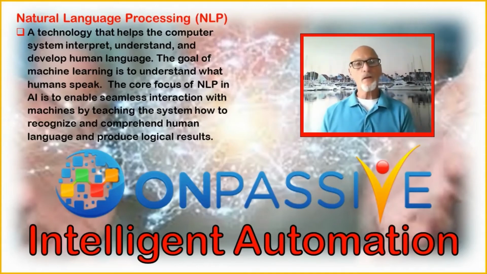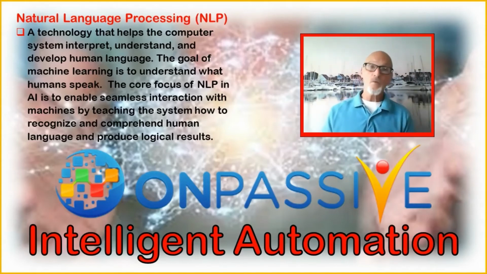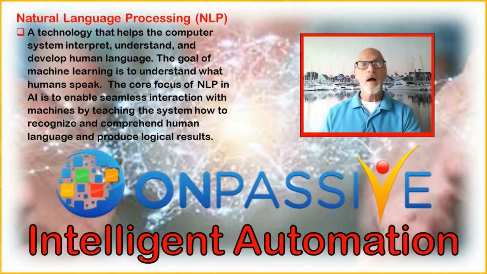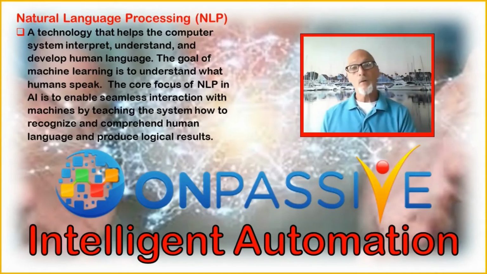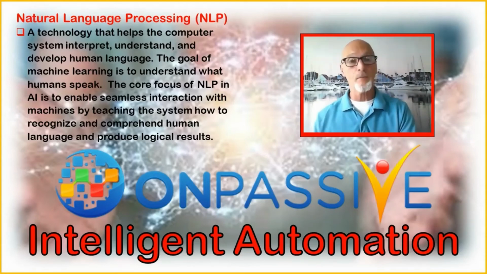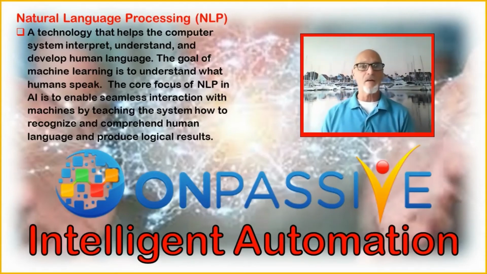And the core focus of NLP is to enable seamless interaction with machines by teaching the systems how to recognize and comprehend human language and to produce logical results. So, a very good example of this would be the Skype translator, which helps to interpret speech from multiple languages in real time. So that's kind of cool. We know that Onpassive is going to be using that probably a lot in O-Cademy, right?